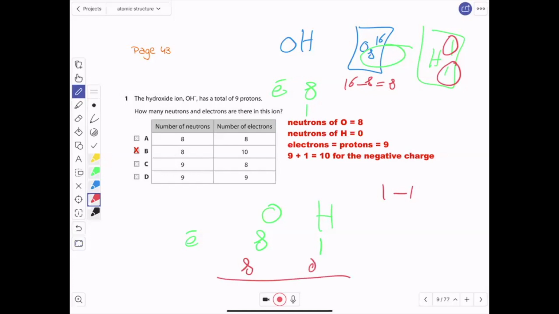So the total for electrons is going to be 8 plus 1. It's a 9. And neutrons, 8 plus 0 is 8. I have to consider this negative charge here, we notice. So you add this to the 9, it becomes 10. That's where the 10 comes from. You're going to have to add 1 extra electron because OH has a charge of -1.